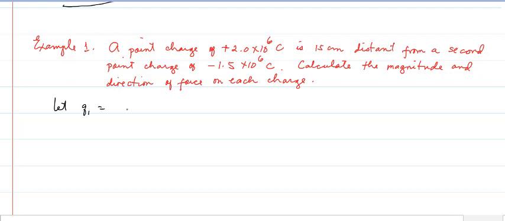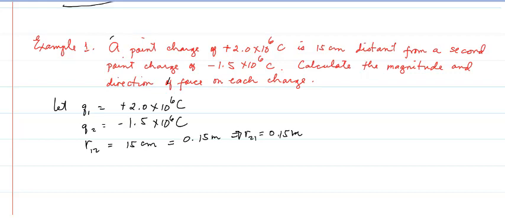Let Q1 be equal to positive 2.0 times 10 to the 6th coulomb, and Q2 is equal to negative 1.5 times 10 to the 6th coulomb. The R12 is equal to 15 centimeters, or 0.15 meters.